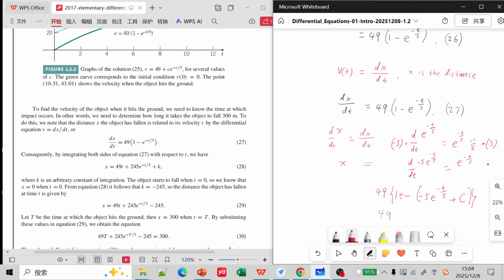Now we continue to calculate the derivative of this new expression. The derivative of 1 times t is 1, and here is minus. And the derivative of C, because it's constant, is 0. And for minus 5 times e to the power of minus t over 5, its derivative is e to the minus t over 5.